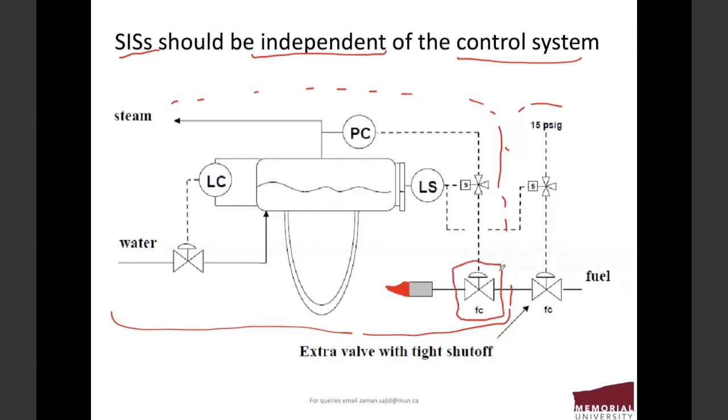But when we included our SIS, safety instrumented system, we also installed some other systems in parallel which can control it instead of adding them in series. Because we want our safety instrumented system to be independent of the control system so that the SIS can take an action without intervening with our other control systems.